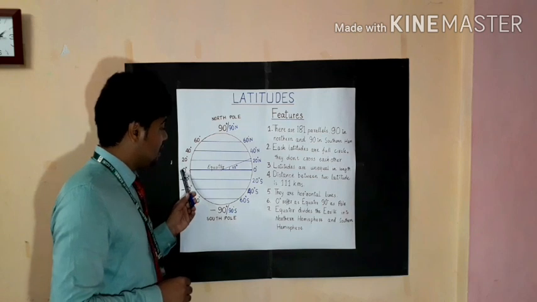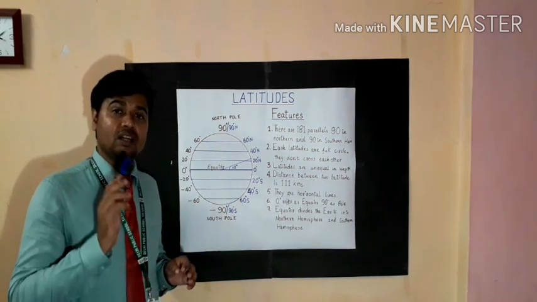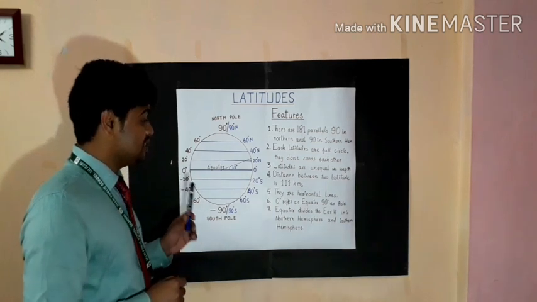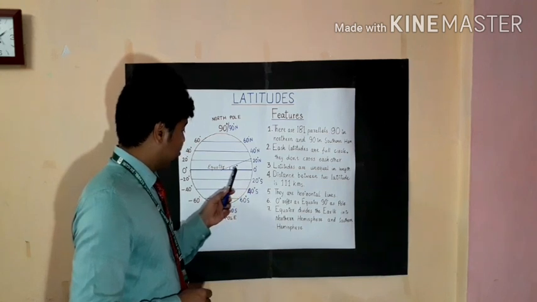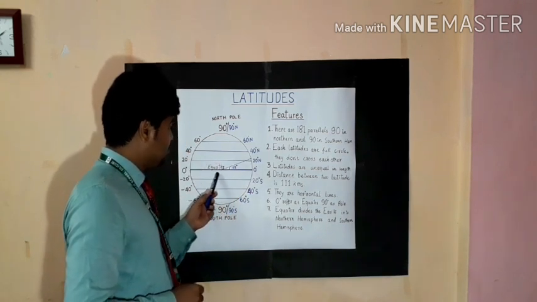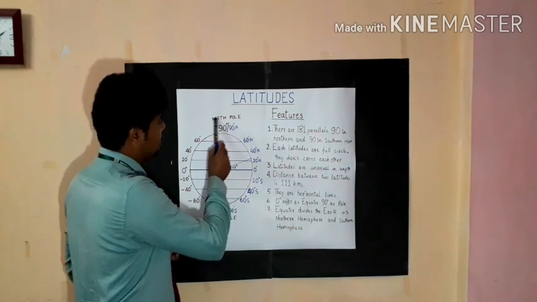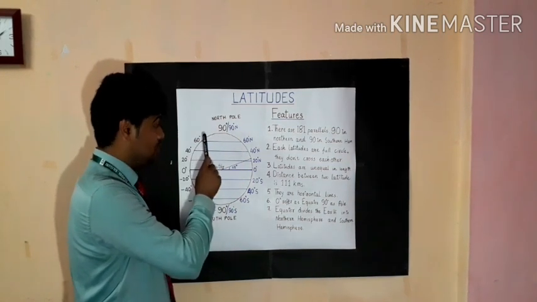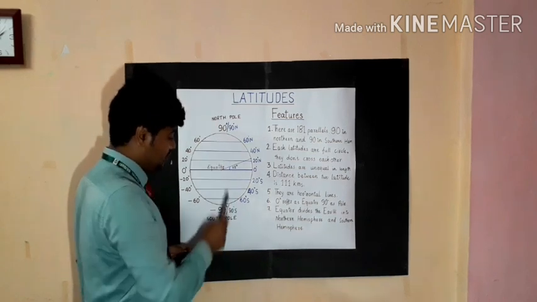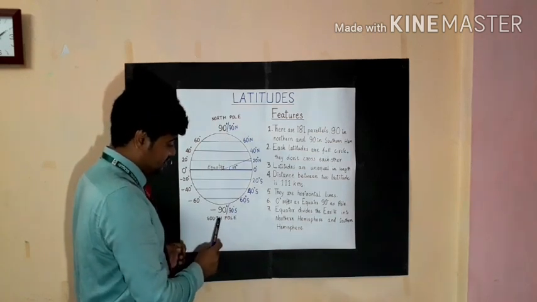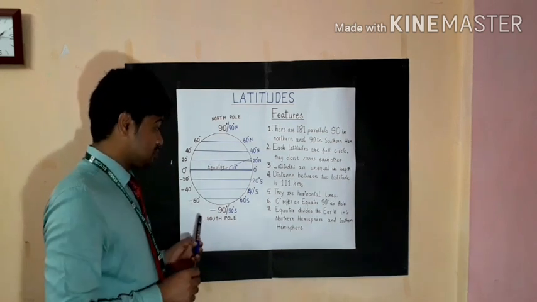Yes, all the latitudes are horizontal imaginary lines. Now number 6, 0 degree latitude is referred to as the equator and 90 degree latitude is referred to as the pole. As you can see, 90 degree north latitude is the North Pole and 90 degree south latitude is the South Pole.